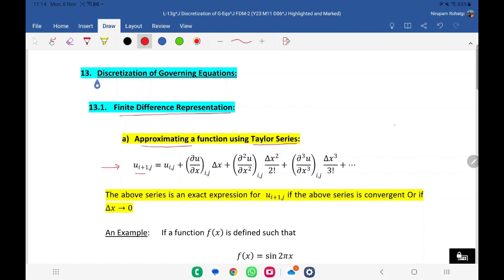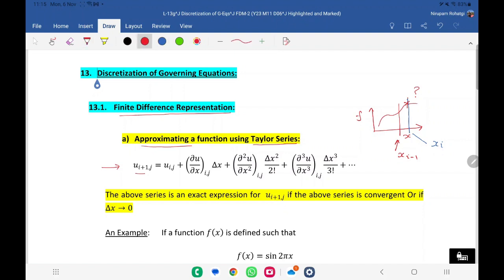Okay, so what the Taylor series is basically saying, if you have a function like this, right, and like this, and if you want to find out value at this point, right, so you can always find values in terms of this. So this is your x i minus 1, and this you can say this is your x i.